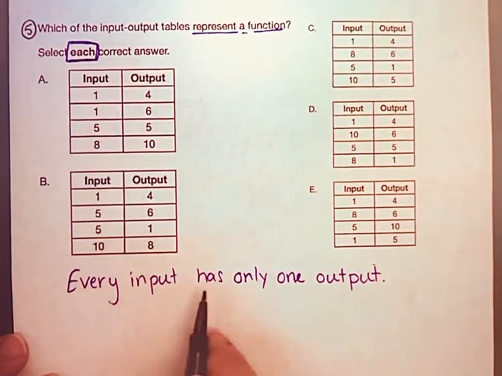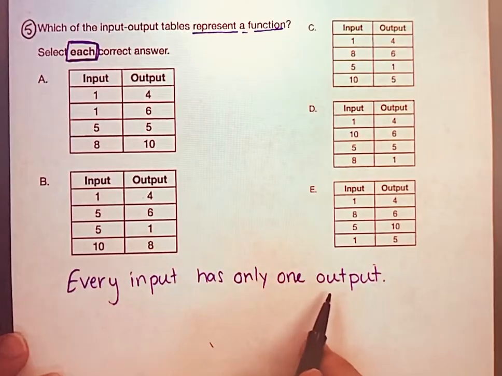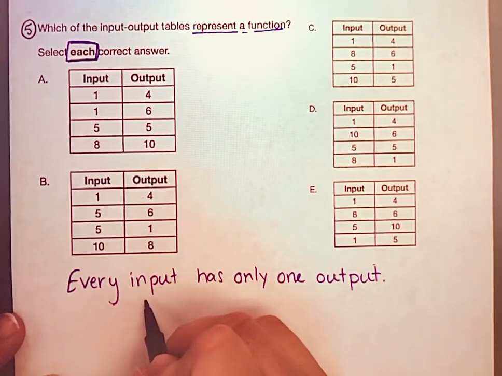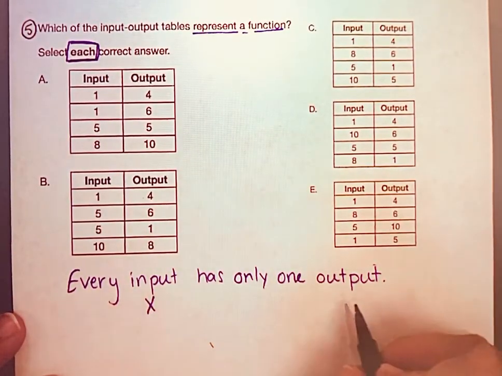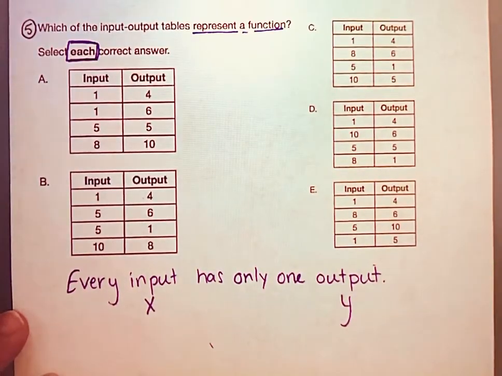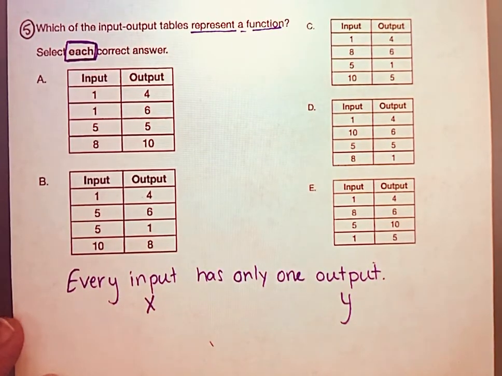Every input has only one output. And input numbers are also recognized as your x values and your y values. So you can restate that statement and just say every x value has only one y value.